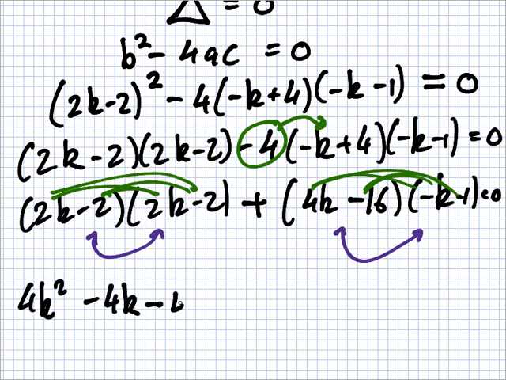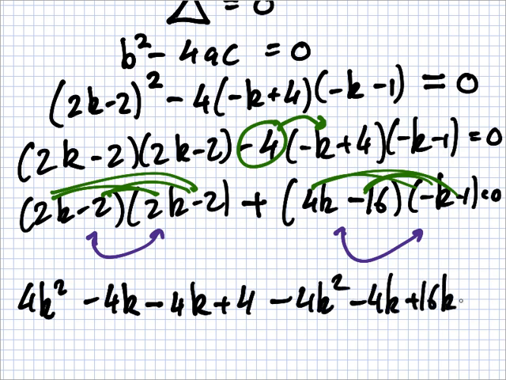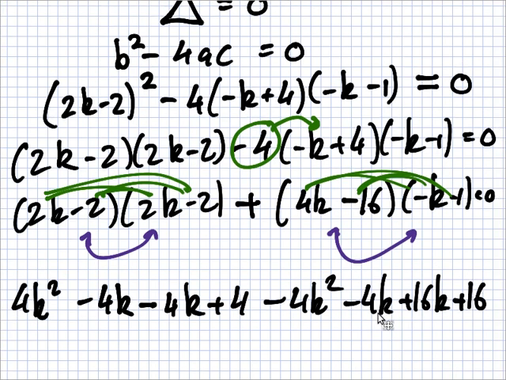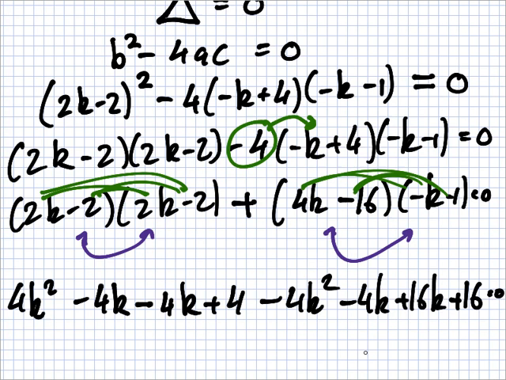Minus 4k again. And finally, plus 4. Plus, minus 4k squared minus 4k plus 16k plus 16 at the back equals 0.